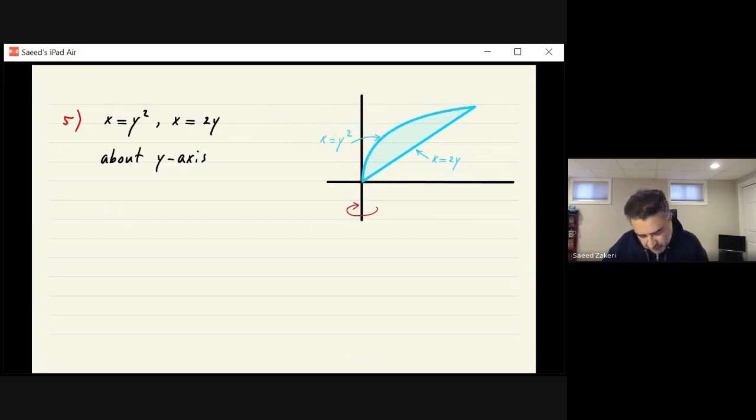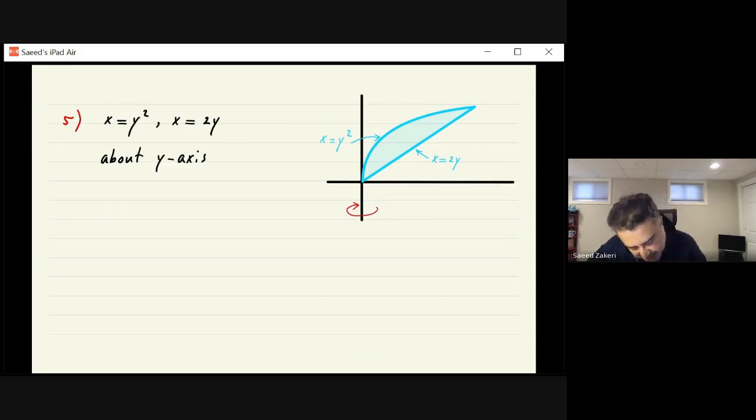So what should I do? Well, when you think about it, this is exactly like any of the previous cases. The only thing is that the role of x and y coordinates have been switched.